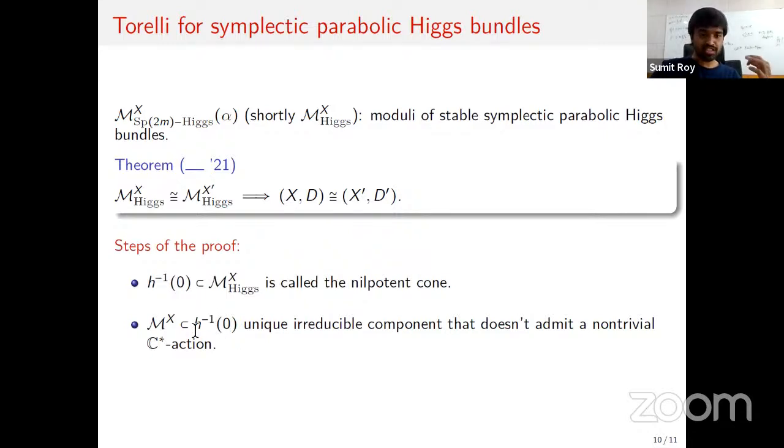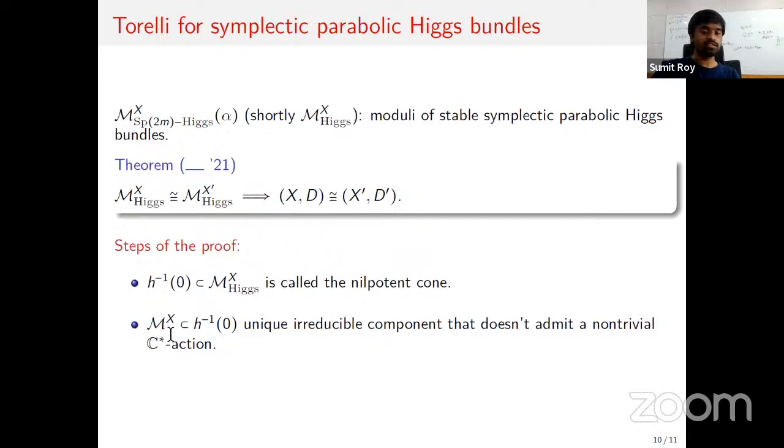Not only that, in fact this moduli space sits uniquely as an irreducible component that does not admit a non-trivial C-star action. We have already seen that the moduli space of Higgs bundles has a C-star action, while the moduli space without Higgs field does not.